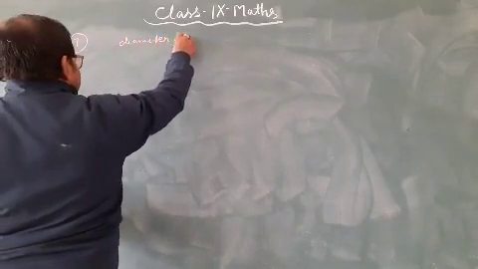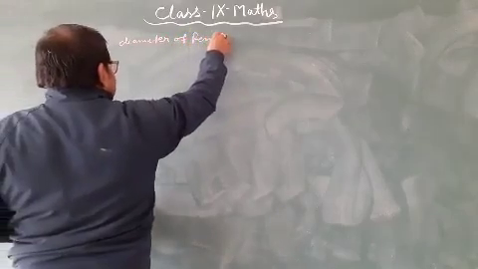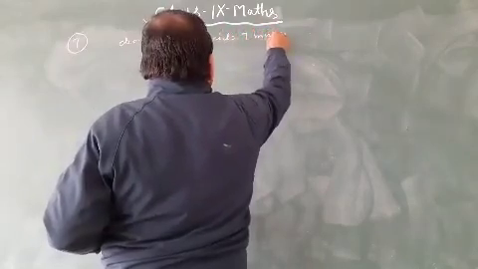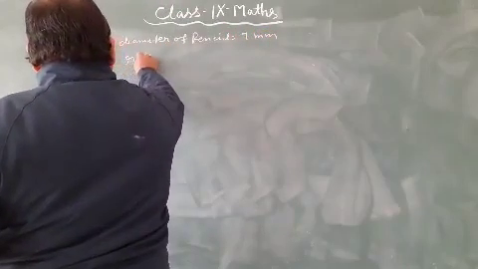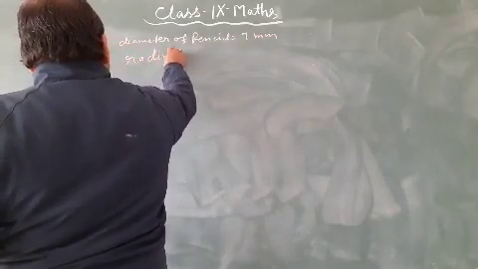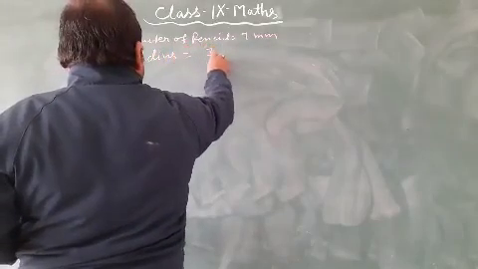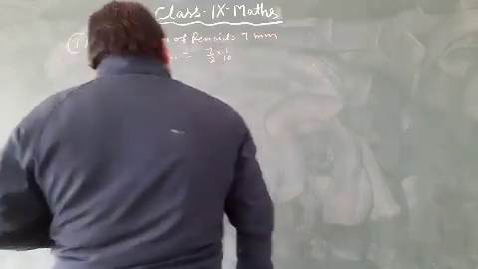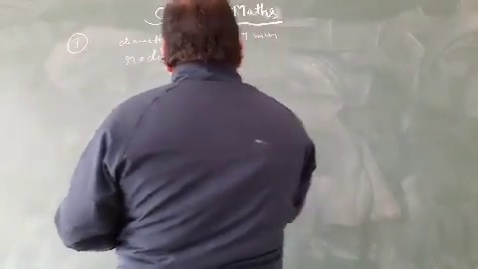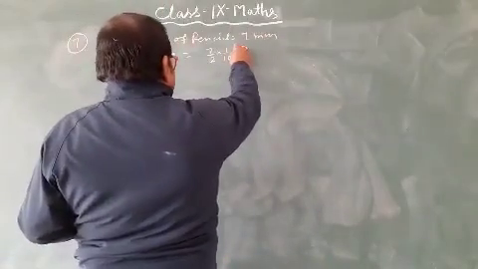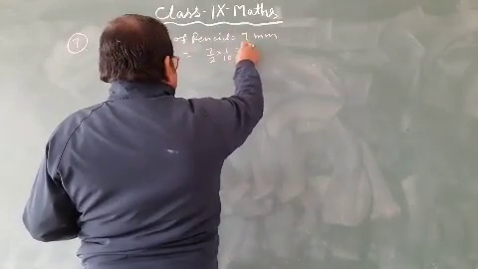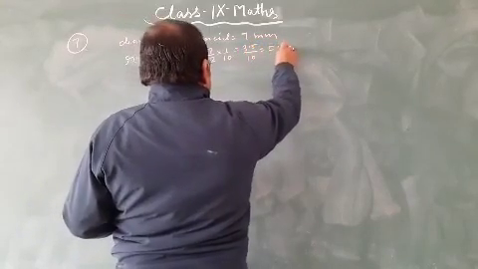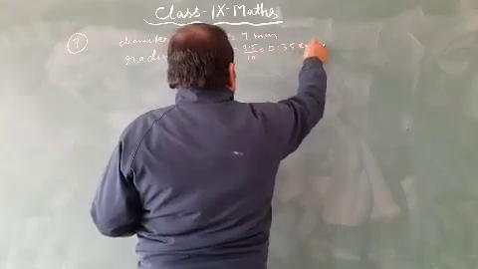So the radius is 7 by 2 millimeter, 1 upon 10, which is 3.5 upon 10, 0.35 centimeter.